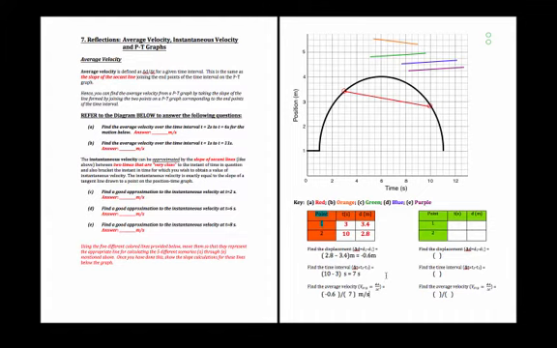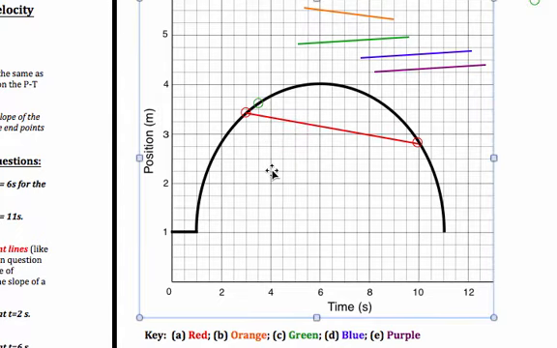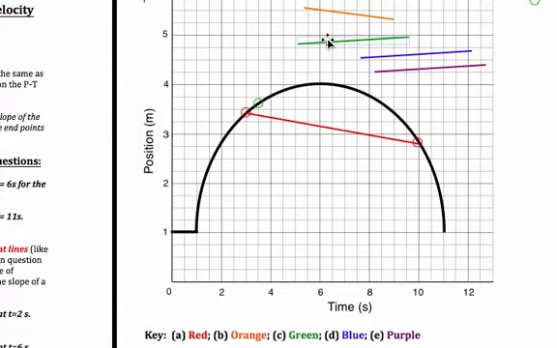Next one I'm going to do is show you how to approximate finding the instantaneous velocity. I'm going to look for the instantaneous velocity at t equals 3.5 seconds. That's 3.5 seconds there. And I'm going to pick up the green line, because those are the colors I've chosen for my two examples.